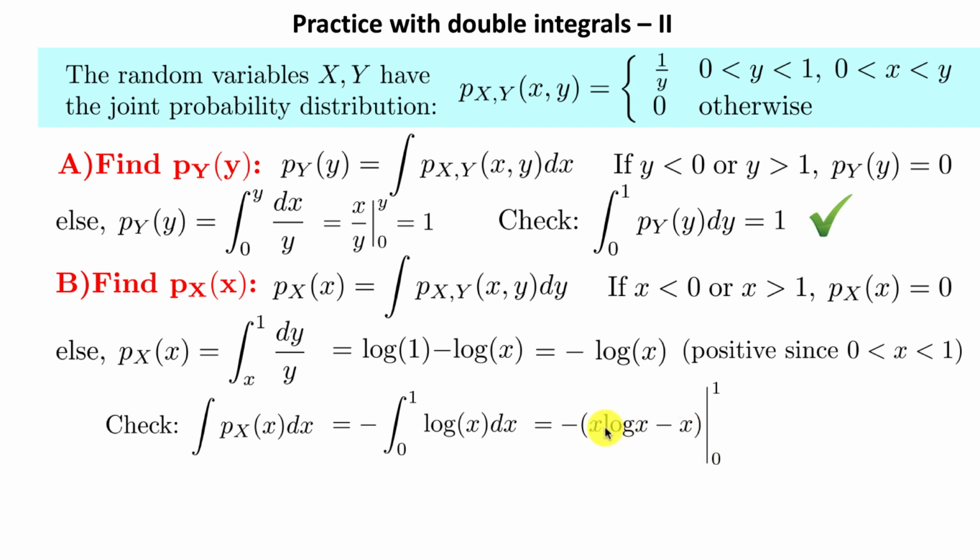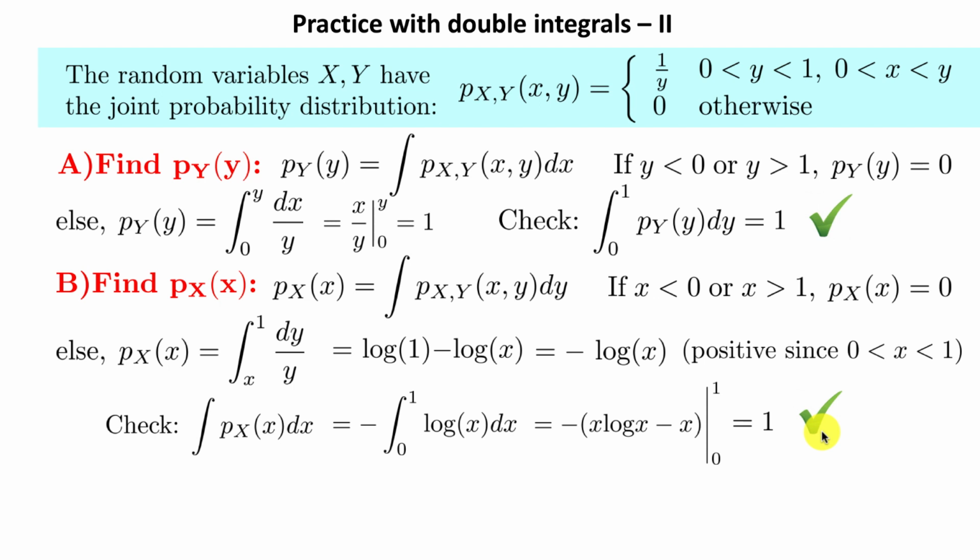No problem over here, but here I have 0 log 0. Well, what's 0 log 0? Log 0 is, of course, minus infinity, but this x log x is equal to 0 as x approaches 0. You can use L'Hopital's rule or whatever to check that fact. So the point is that we get 1, and that's exactly how it should be.